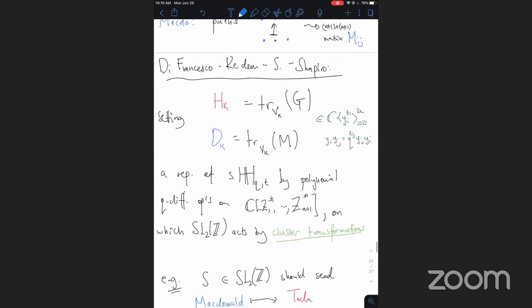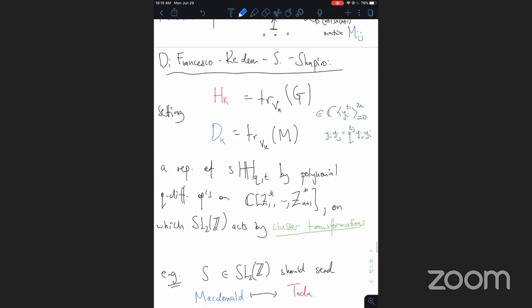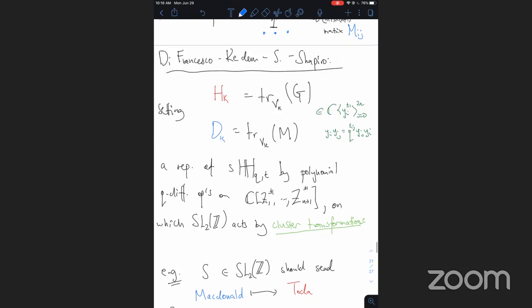Good. So I want to finish off by doing an example again, in this case of GL3, to illustrate the way in which one can see the action of SL2Z in terms of cluster transformations, or in terms of the elementary local transformations of networks that we described earlier when we were talking about the Toda chain.